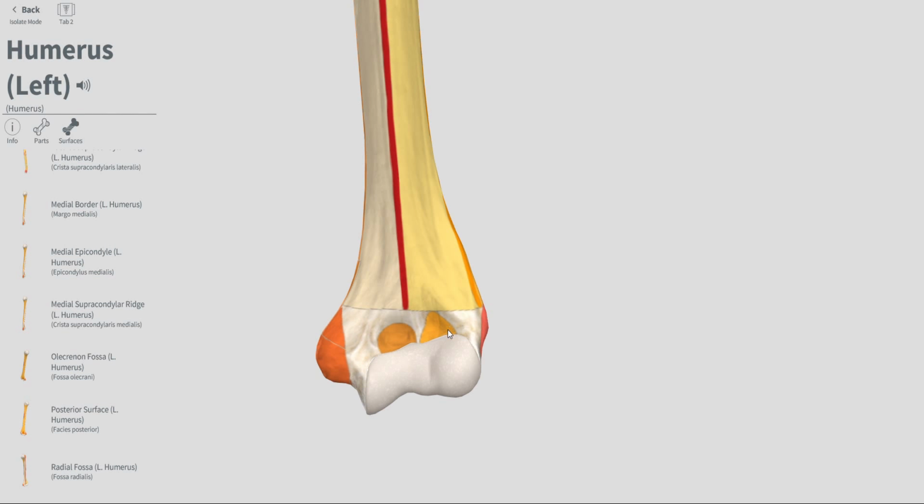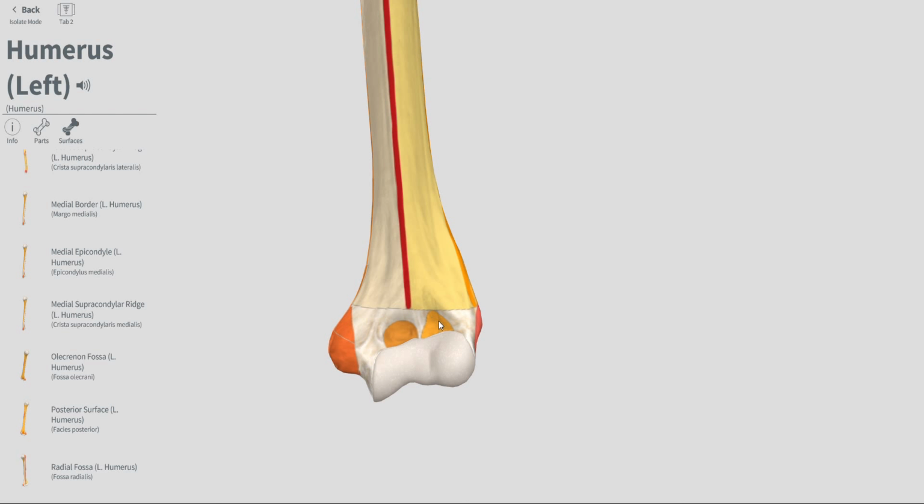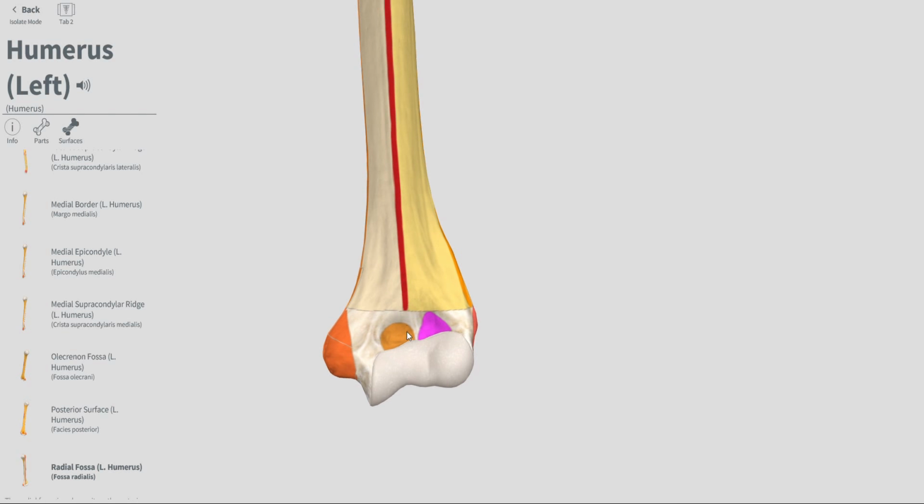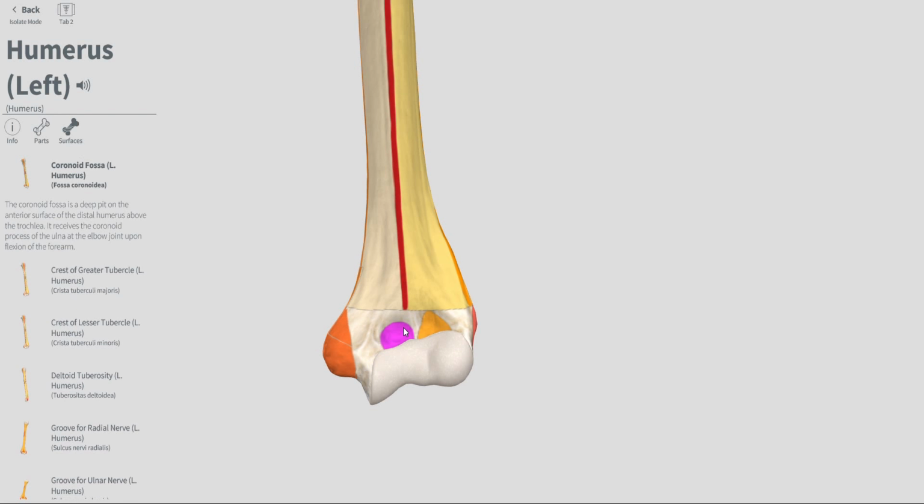If we take a look at the anterior part of the inferior extremity of the humerus, we can see that over here we have the so-called radial fossa, which provides an attachment for the radius, and over here on the left we have the coronoid fossa, which provides attachment for the coronoid process of the ulna.